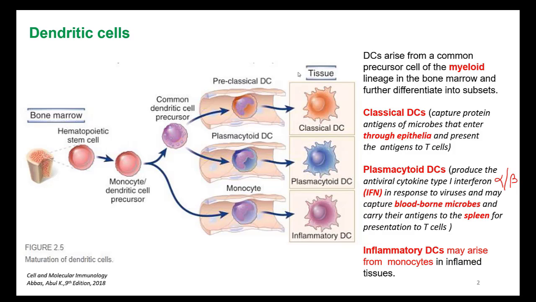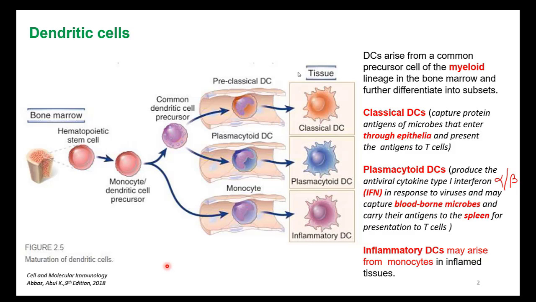So this guy is type 1 interferon. Most cells of your body are capable of producing interferon type 1. And we're going to see later why or how. But these guys here, they can produce a lot of it. And they are very good at killing viruses.